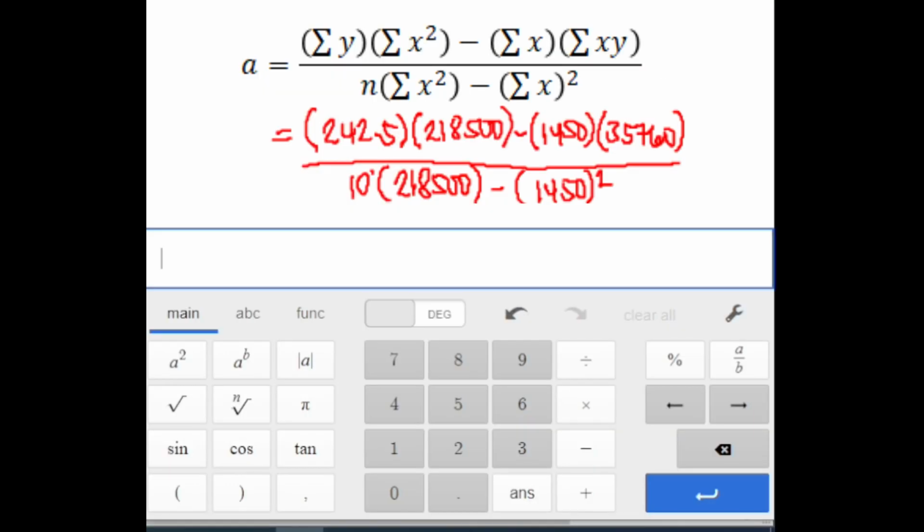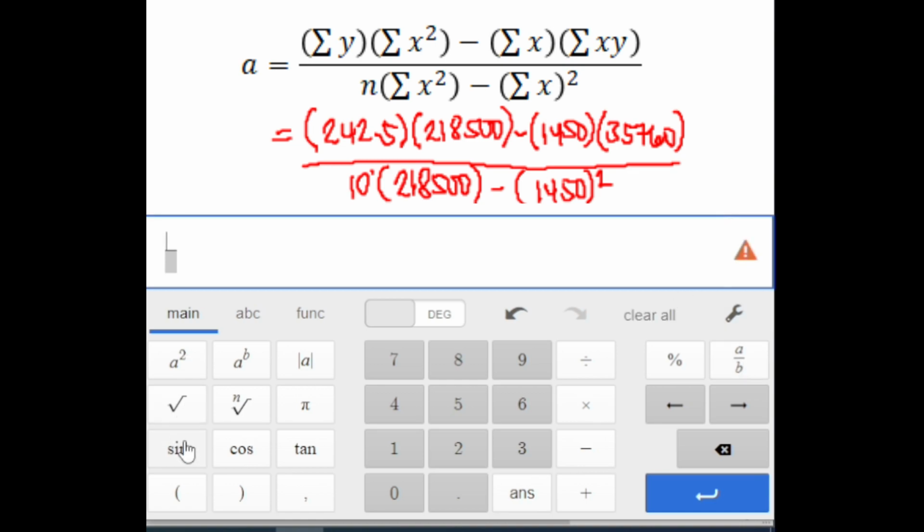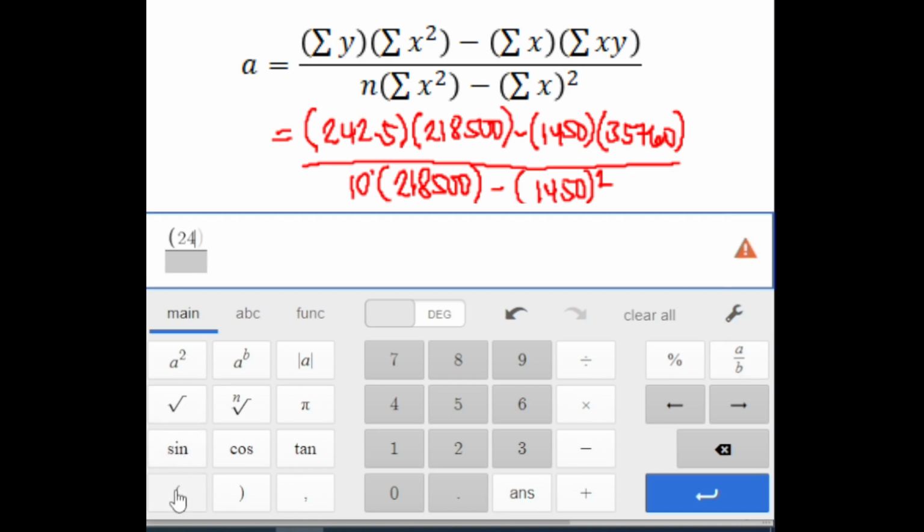Okay, dito po sa ating calculator. So, fraction po yun, ano? So, fraction. I-multiply po natin yung 242.5 sa 218,500. Okay. And then, i-minus po ito sa product ng summation of x, which is 1,450, times 35,760. Okay, close po natin ito.